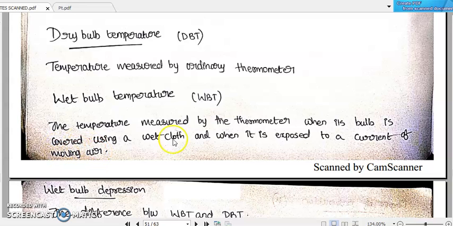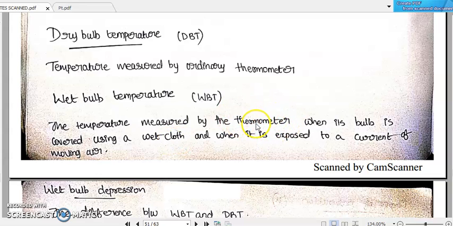What will happen? The moisture in that wet cloth covering the bulb of the ordinary thermometer will try to evaporate. But where does it take the energy for evaporation? It will take the energy for evaporation from the bulb of that thermometer.